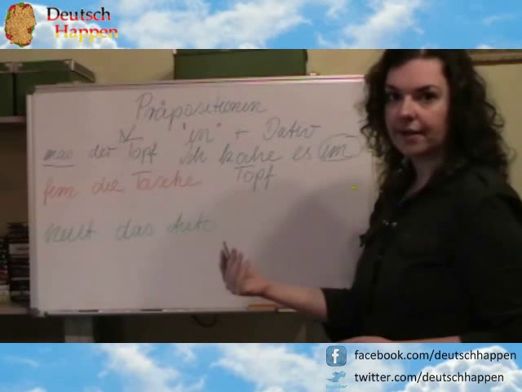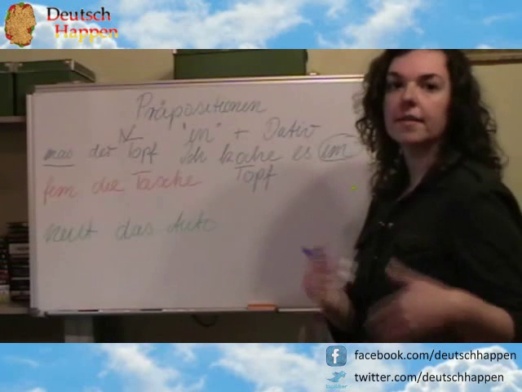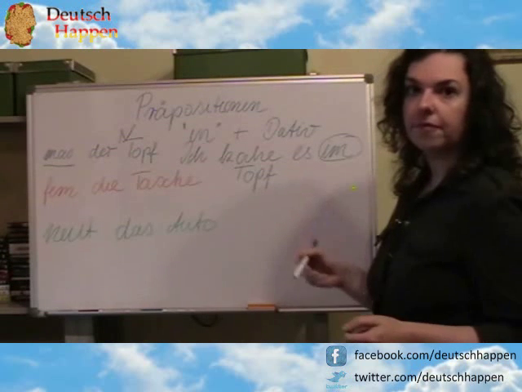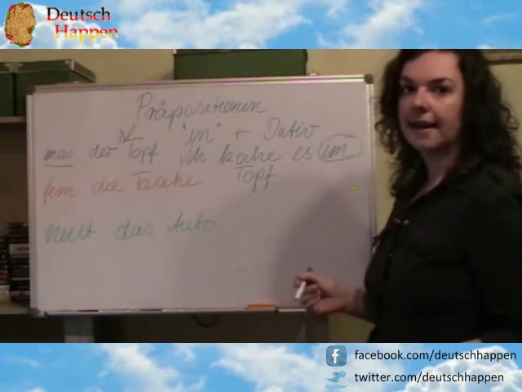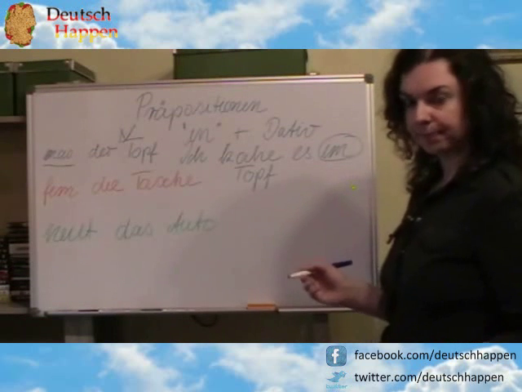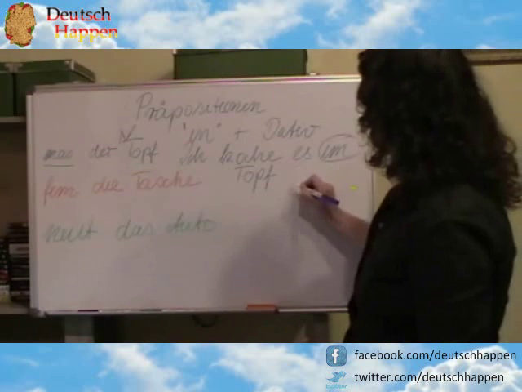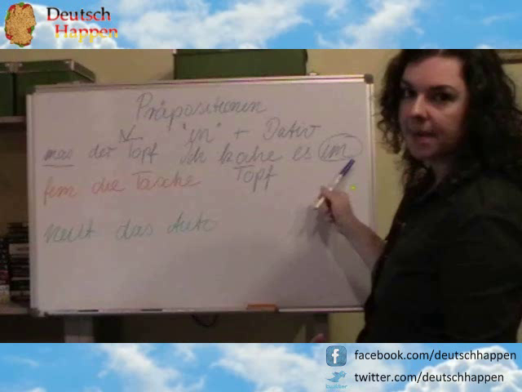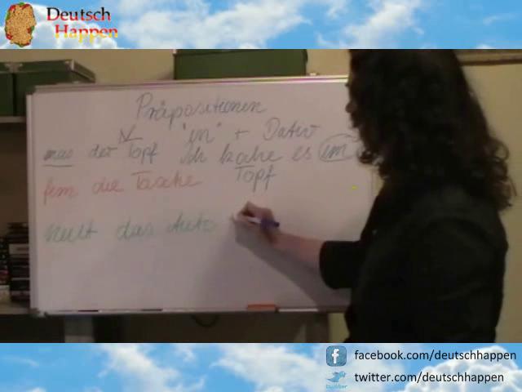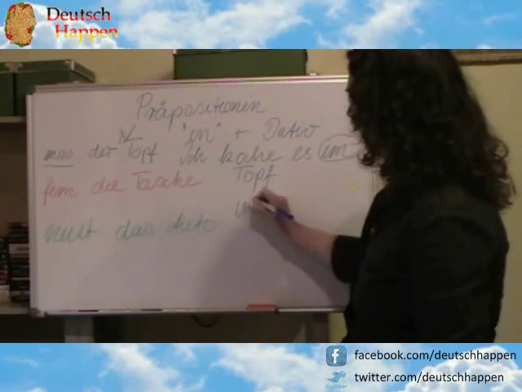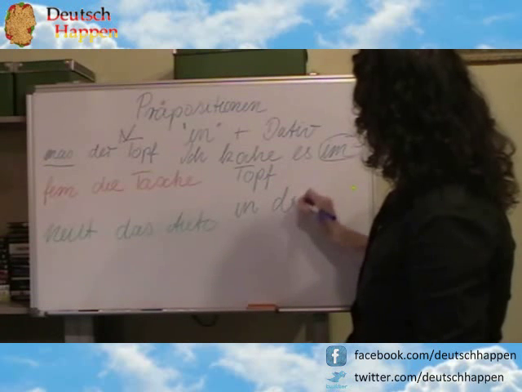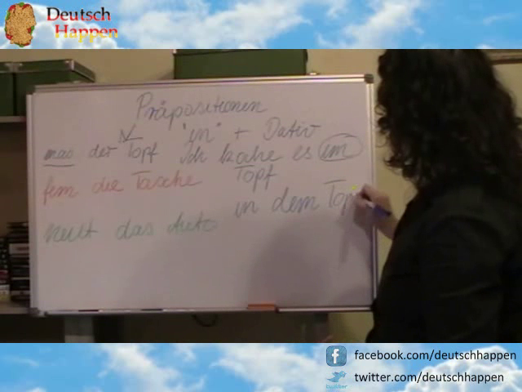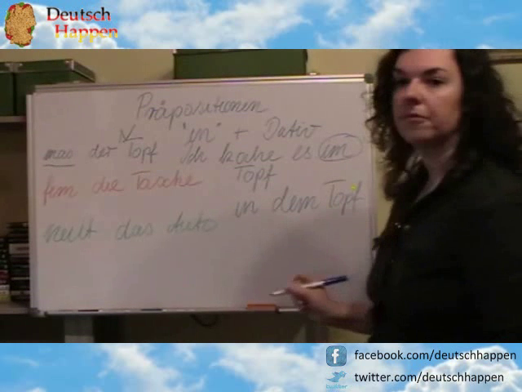As my indirect object, I cook what? The food is the direct object. Im Topf, in what? Indirect object, dative object. And I said here, this is in, and why is it im now? Because I can say in dem Topf.